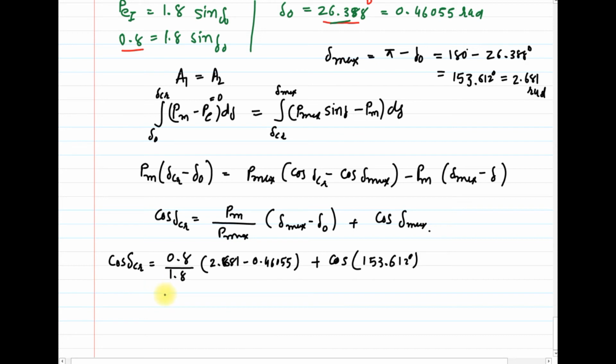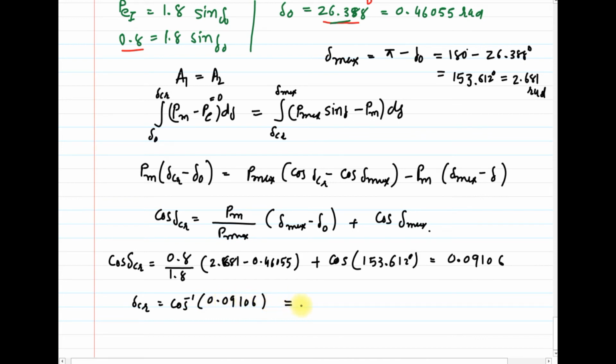So you can calculate from this delta CR, which is equal to cos inverse, yes, the value of this will be 0.0910. So you will get cos inverse 0.09106.